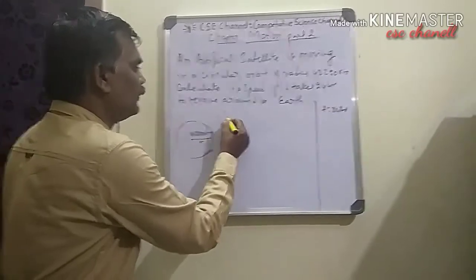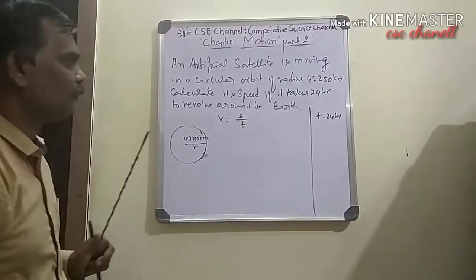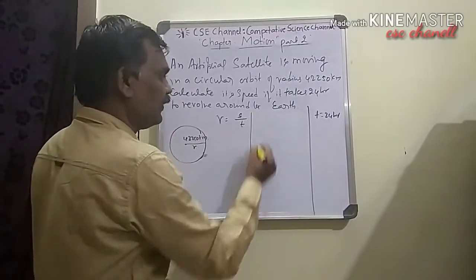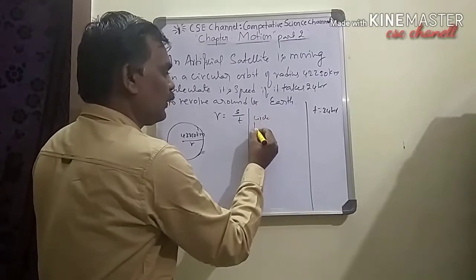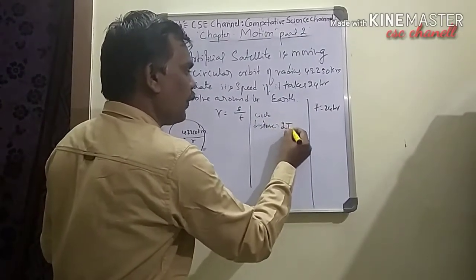Now the formula: speed is equal to distance divided by time taken. Here the distance, in terms of the circle, the total distance for the circle is 2 pi r.